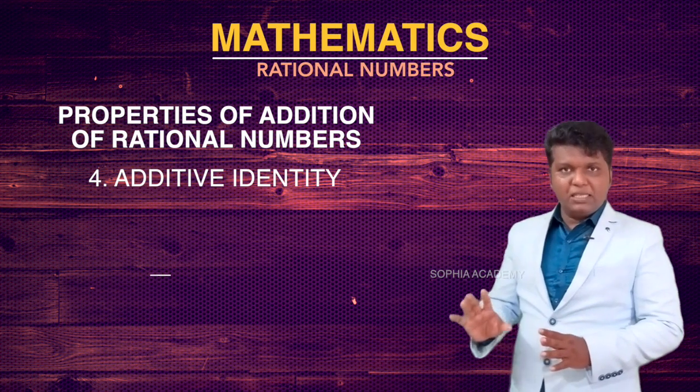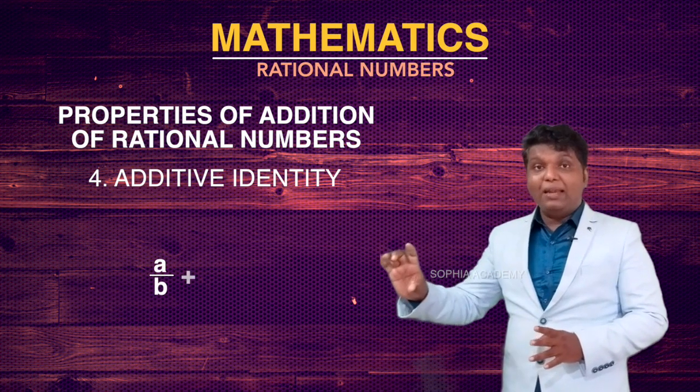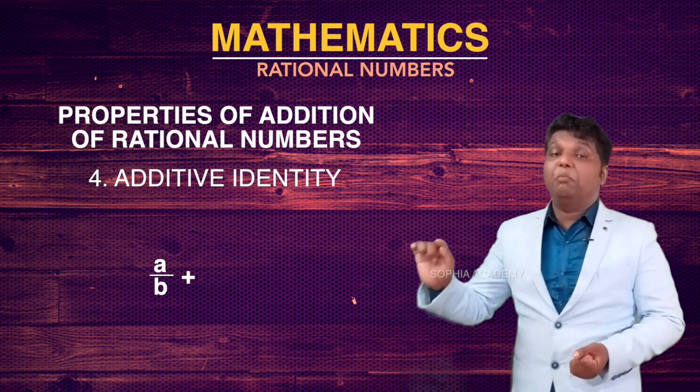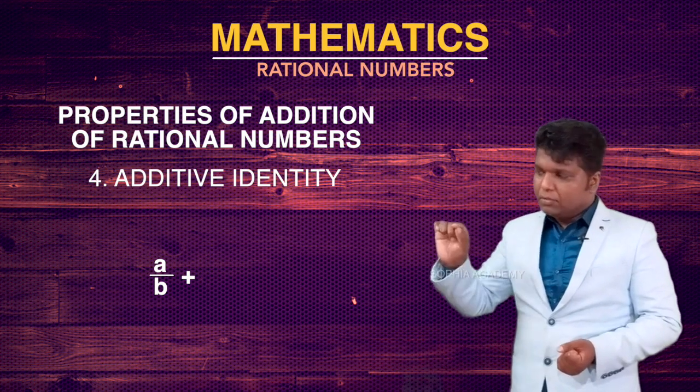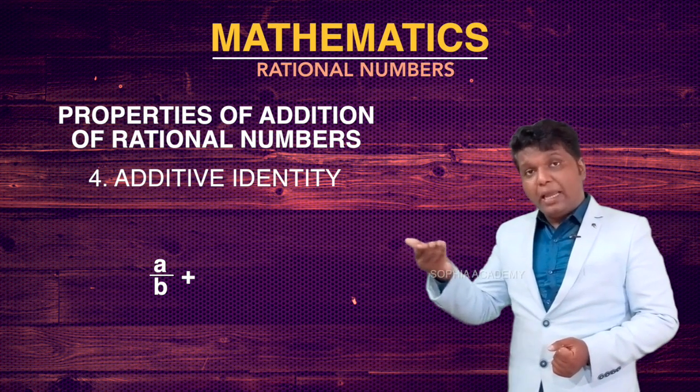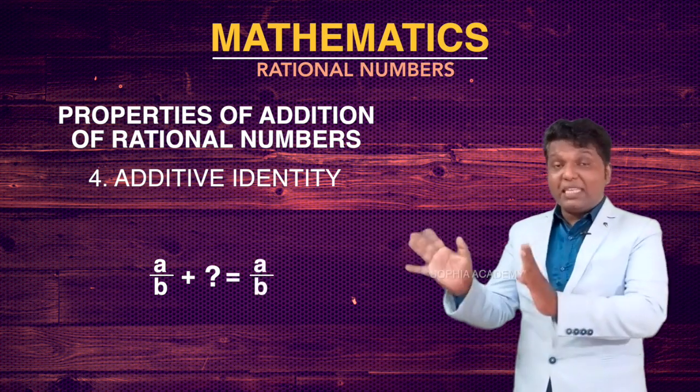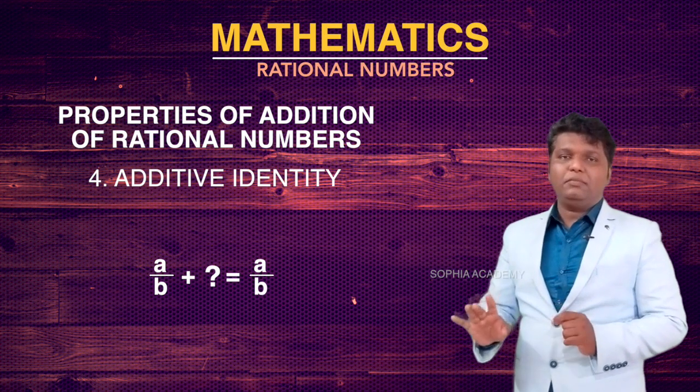That means a/b is given. You have to add, because it is additive, that's why I am using the word add. If it is multiplicative, I will use the word multiply. So by which number should a/b be added so that the result will become a/b only? That means the result should be the same as the question.